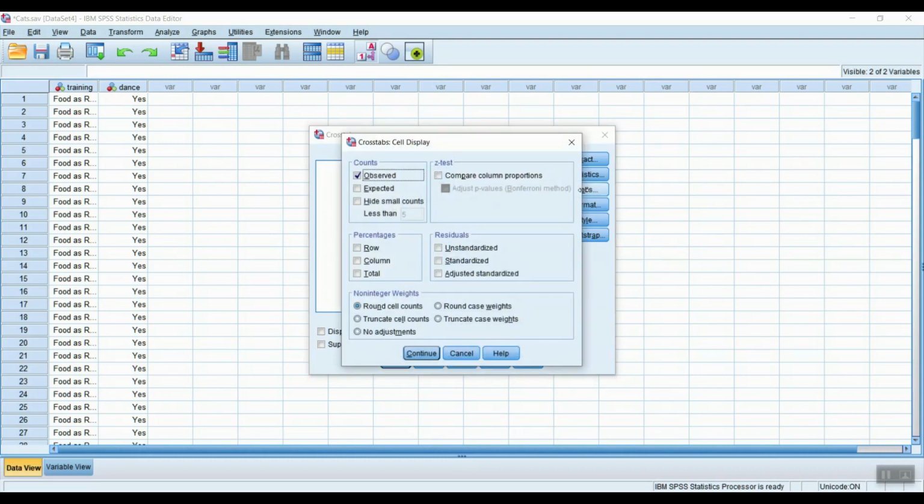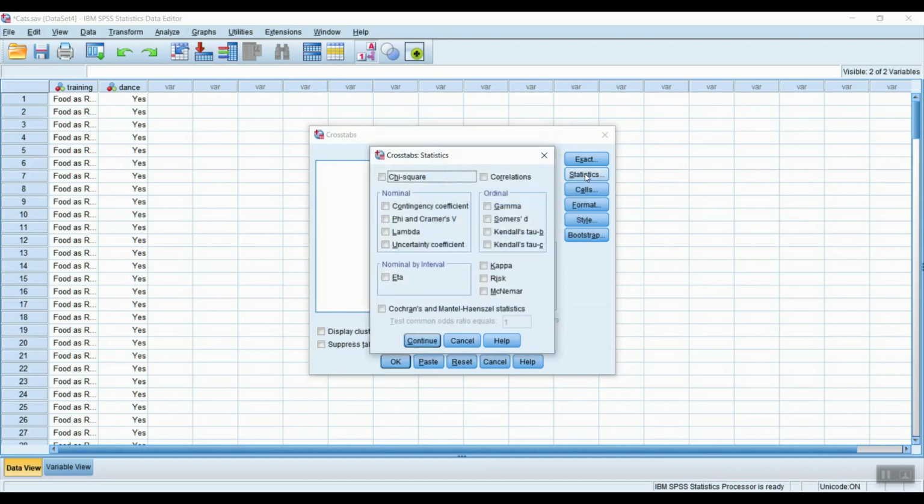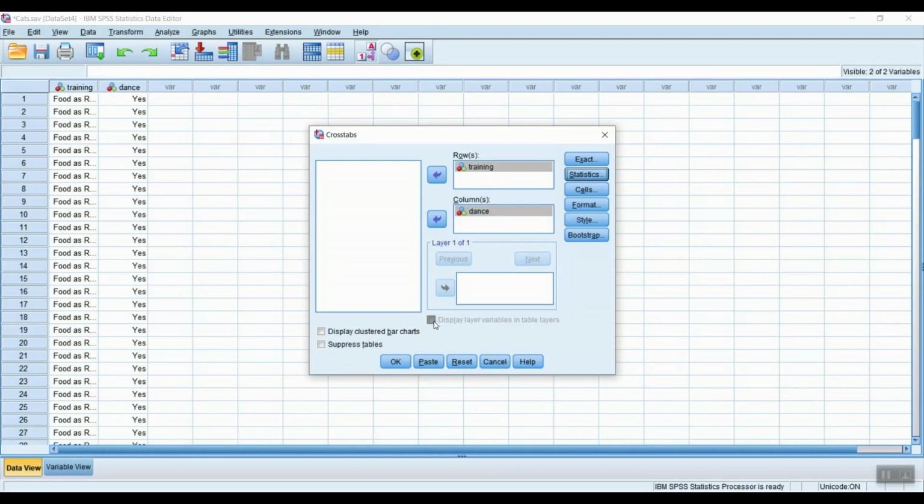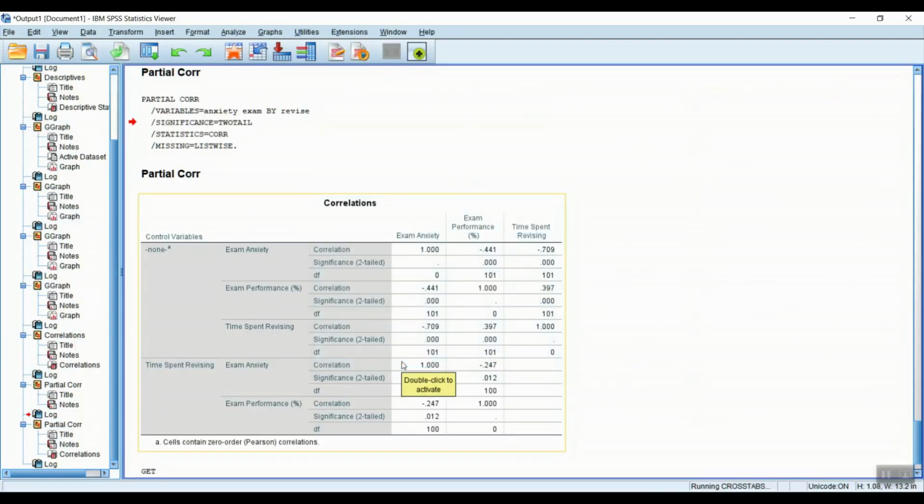The one that I always choose is row, because we're really interested in the difference between the rows. This will become clearer when we look at the table, so we say OK to that. The statistics, there are various statistics which depend slightly on different circumstances. The only one that we really need to look at just now is the chi-squared. So we'll say OK to that, and we will run the test.